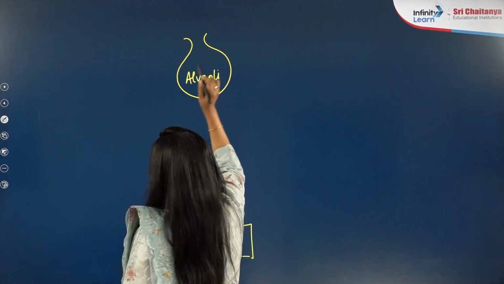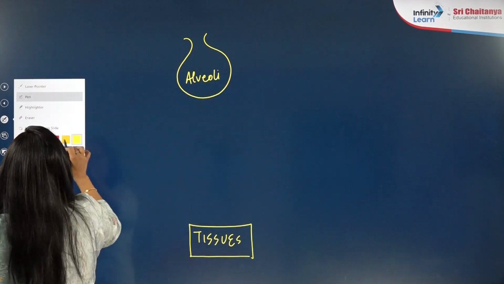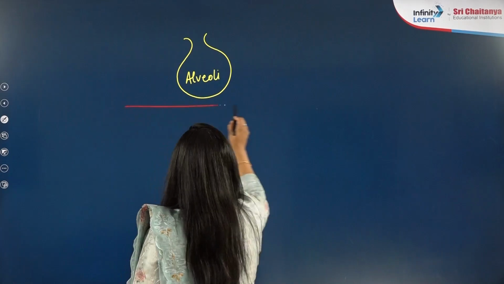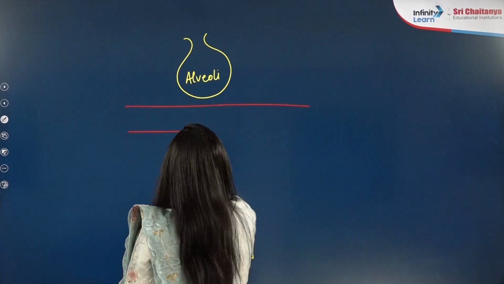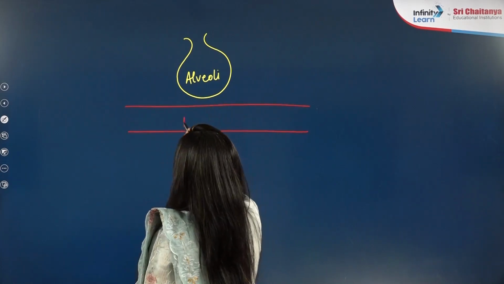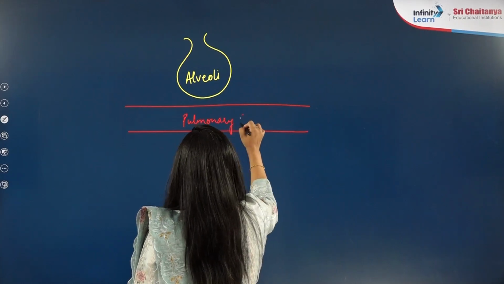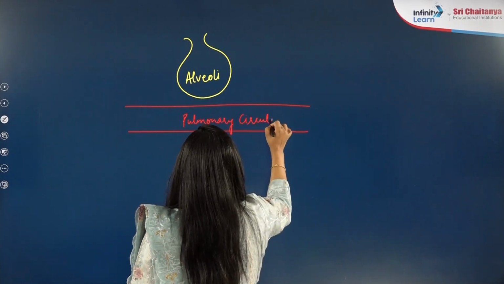Then you must be knowing about the blood circulation. You must be knowing that the blood which is present near the alveoli is present in the pulmonary circulation.